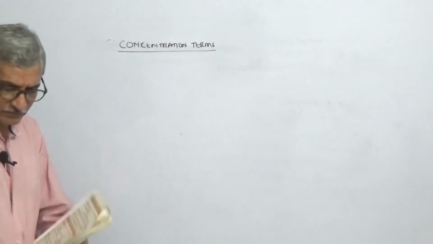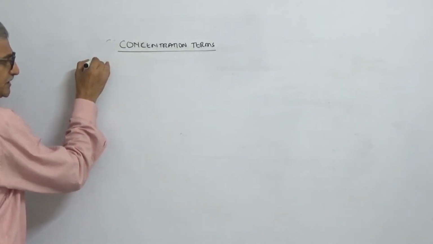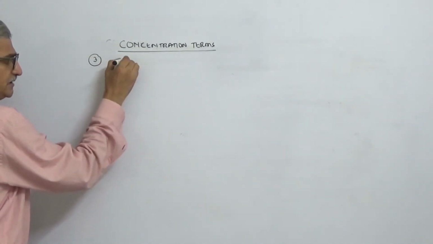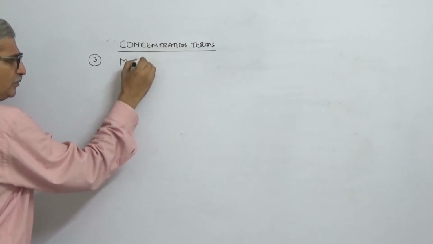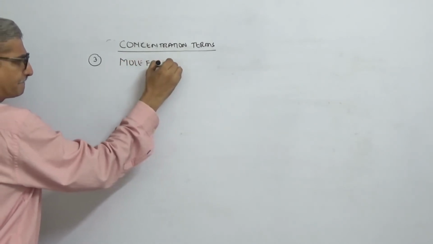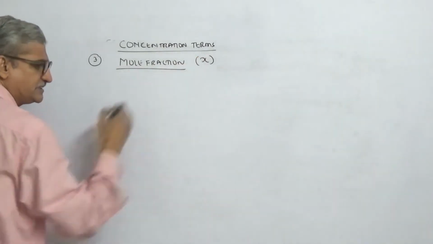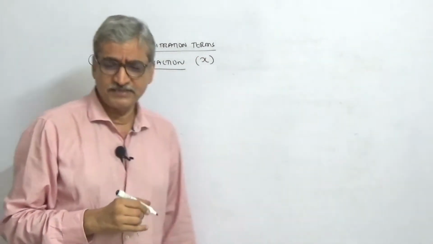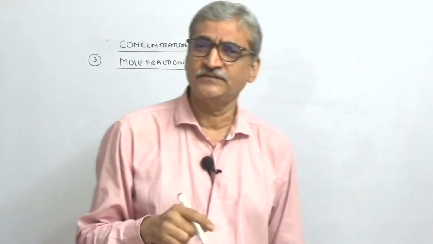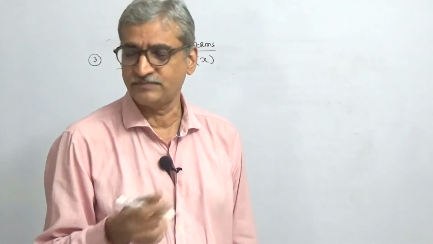So when I am talking about mole fraction, the third concentration term that we are talking about is very important, mole fraction. Mole fraction is generally given by the symbol X. If it is a mole, X is X of the solute, X of the solvent. Is this point clear?